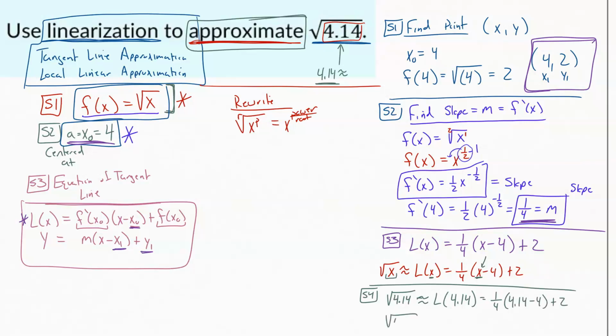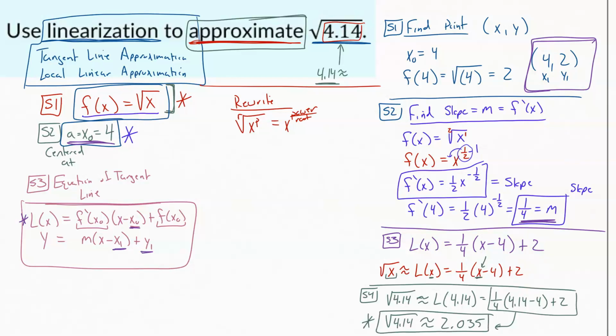So in the end, you'll get 4.14 is approximately whatever that math is that you do right there. Shove that into your calculator, or do it by hand if you need to, and you're going to get out 2.035. And so that is your final answer at that point.